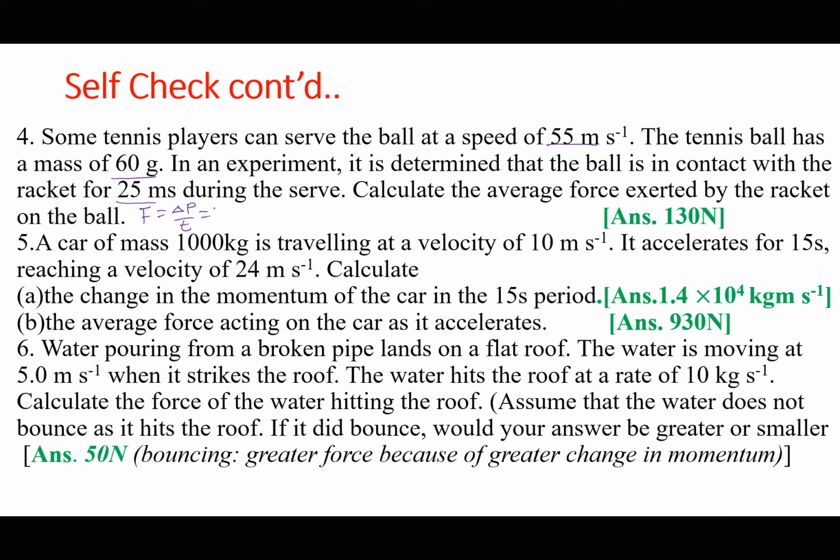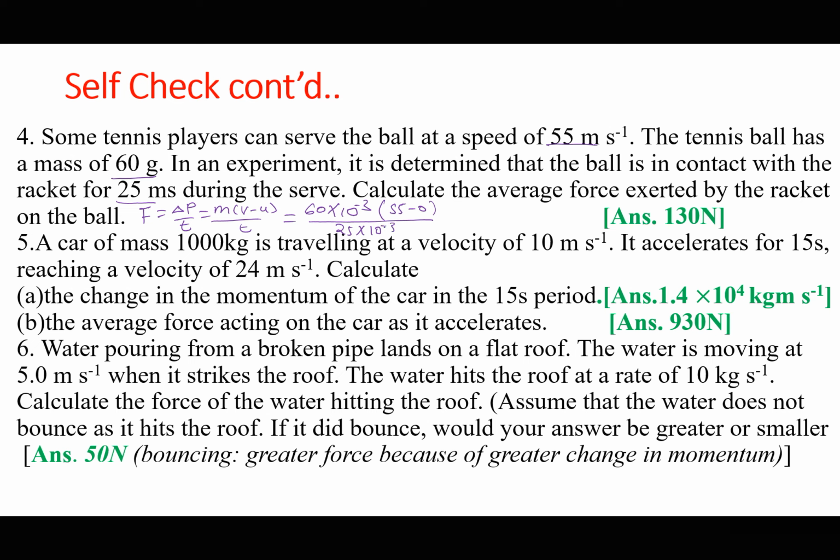They have given us the mass, so this is mass times final velocity minus initial velocity divided by t. Whether you get 0 minus 55 or 55 minus 0 doesn't matter. You just need the change in velocity. So this is going to be 60 times 10 to the power of minus 3 to change it to kilograms, times 55 minus 0 divided by 25 times 10 to the power of minus 3.